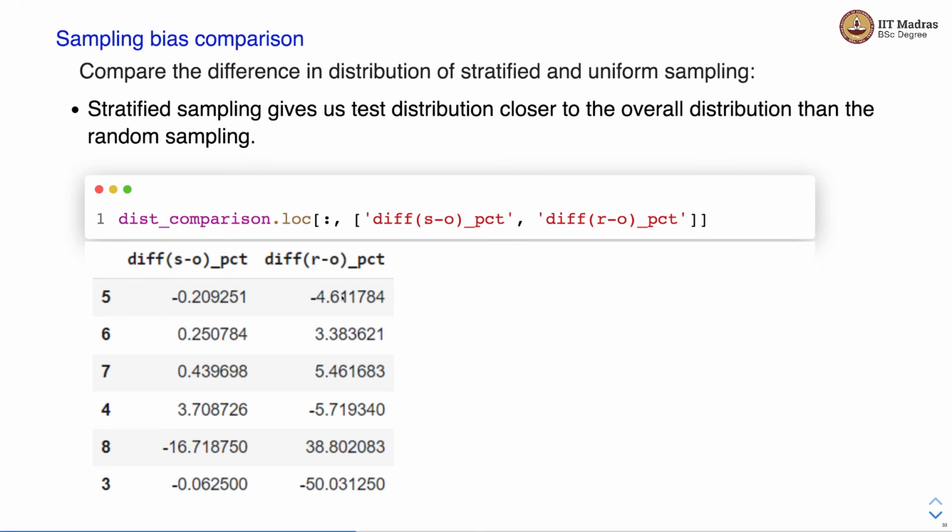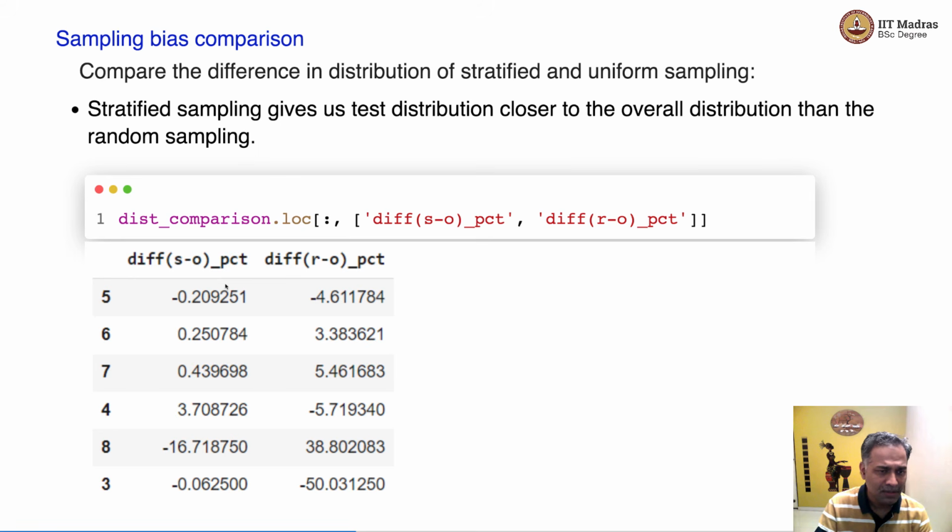This difference is about 4.6%, 3%, 5.4%, 39% difference and about 50% difference. So you can see that in smaller classes the difference is far more compared to larger classes. Stratified sampling gives us a test distribution that closely matches the overall distribution as compared to the random sample.